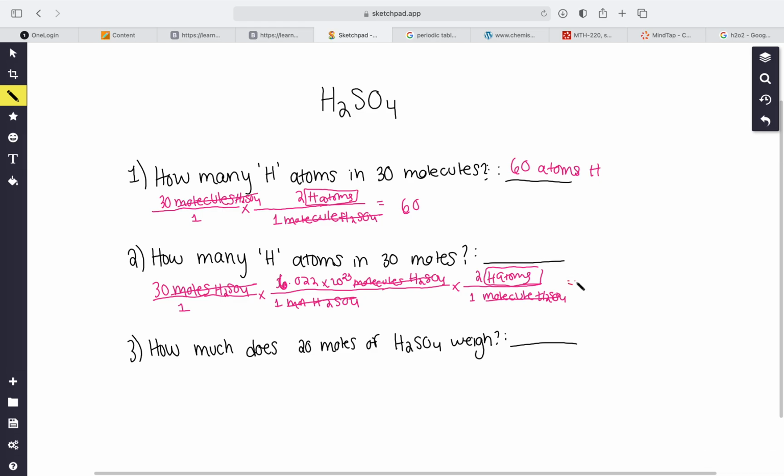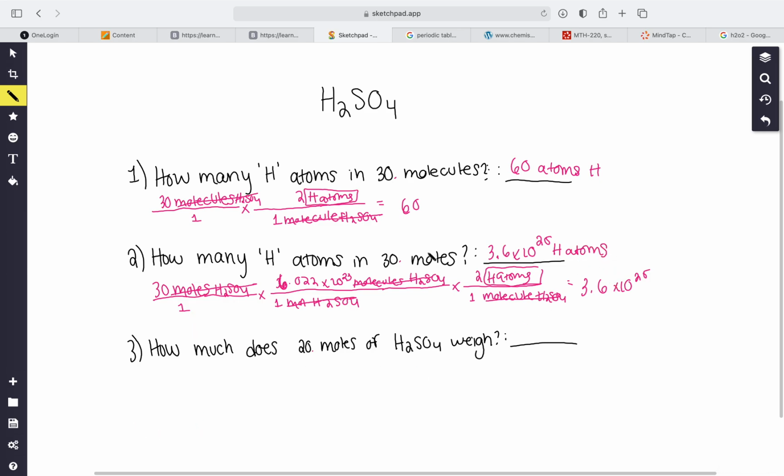We do 30 times 6.022 times 10 to the 23rd times 2. We get 3.6 times 10 to the 25th. I'm only doing 2 sig figs because technically you're only given 1 sig fig here, but we'll say that we got 2 because we'll add the decimal point so that I can get some nicer calculations. 3.6 times 10 to the 25th hydrogen atoms.